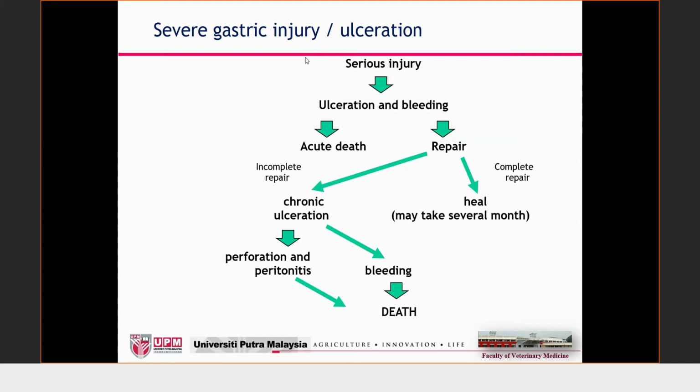So ulceration is important, and it can be severe and lead to death, if you compare it with erosion, which is mild and heals by desquamation. If repair is involved, it will involve fibrous tissue formation. But worst is perforation, severe bleeding and peritonitis, which will lead to death of the patient.